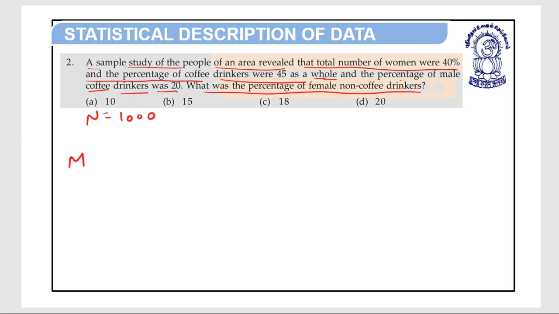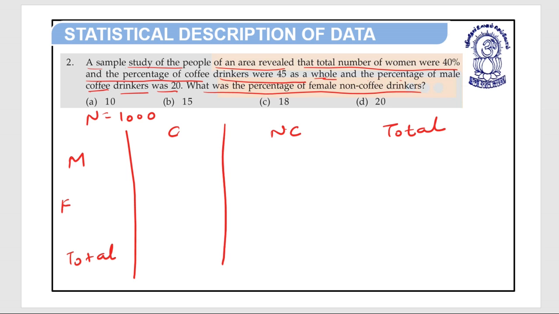So here male, female, total, C and NC, total.